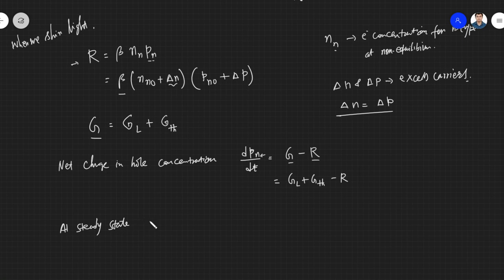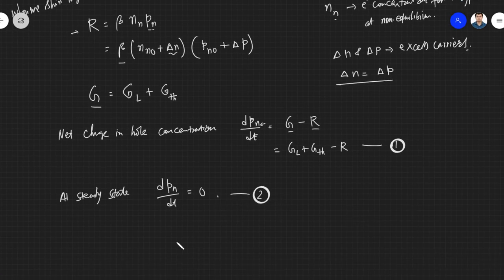At steady state, dPn/dt is equal to 0. Let's give these names 1 and 2.